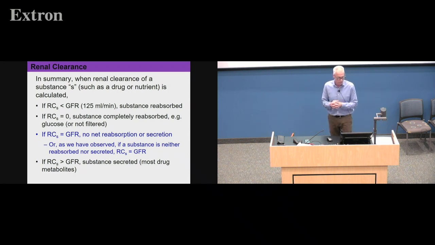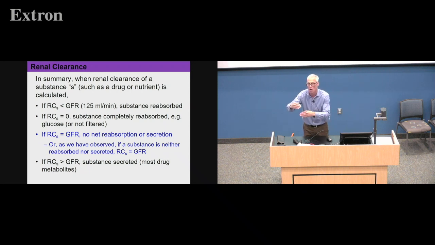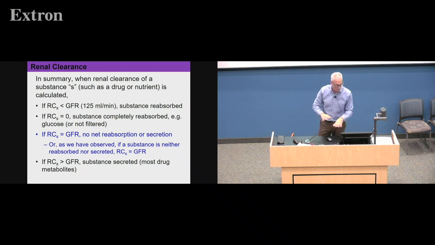One more interesting special case, what if we filter some volume and solutes, we reabsorb all of that filtered water as usual, but we reabsorb all of a particular solute at the same time. How many mils of plasma are going to be stripped of that solute? 0. All of the water is going back, all of the solute is being reabsorbed, renal clearance is 0.